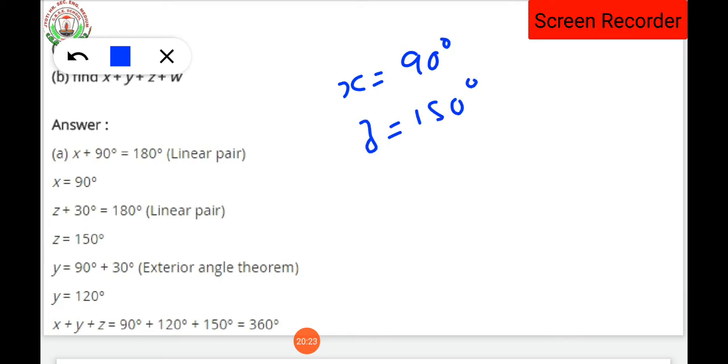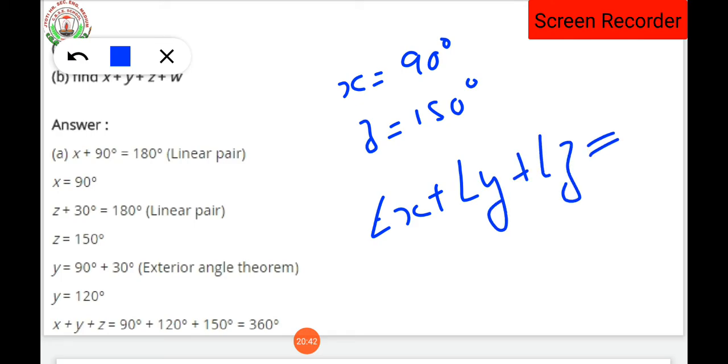Now there is one theorem or property that the sum of all the exterior angles is equal to 360 degrees. So for that, what are the exterior angles? Angle x plus angle y plus angle z.